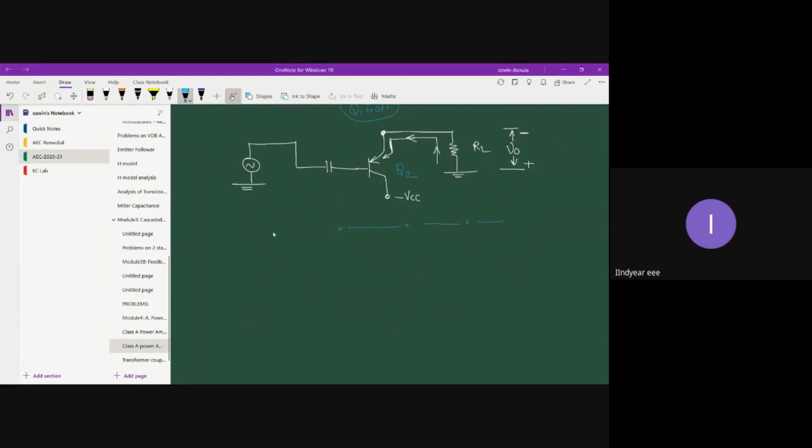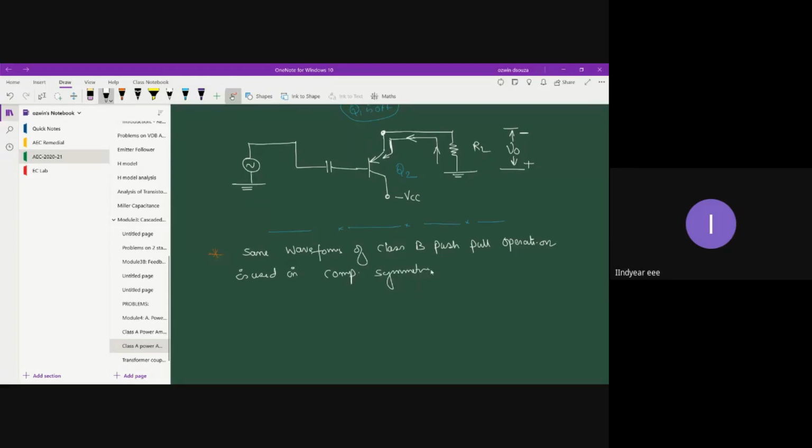Okay. Now here, let me write a note that the same waveforms of class B push-pull operation are used in the complementary symmetry circuit as well.